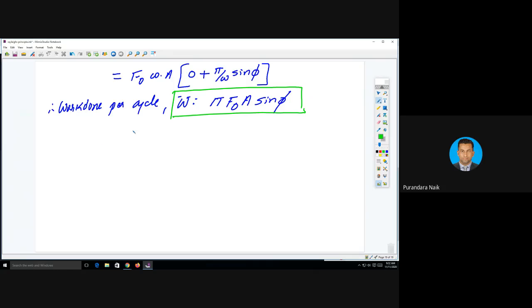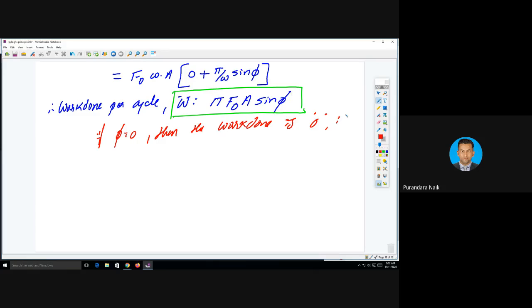Write down below the significance of this work done statement. If phi is equal to 0 in this equation, then the work done is equal to 0. Phi is equal to 0, work done will become 0.